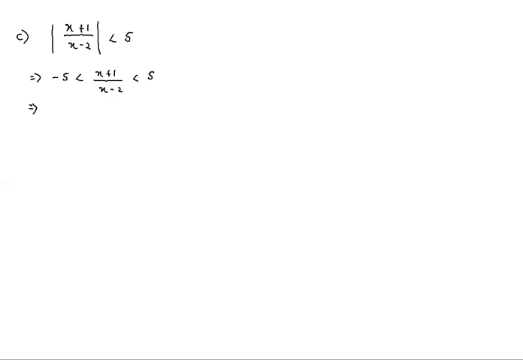So for that reason, we just have to break this into two pieces: -5 < (x + 1)/(x - 2) and (x + 1)/(x - 2) < 5. Then we solve these as two pieces, then we intersect the solutions that we find.